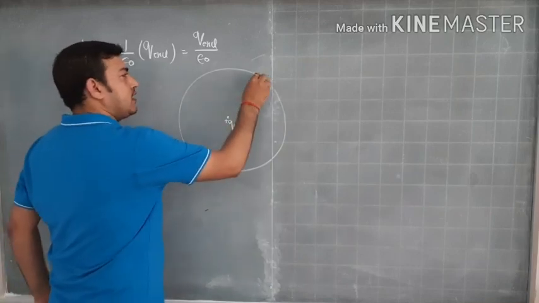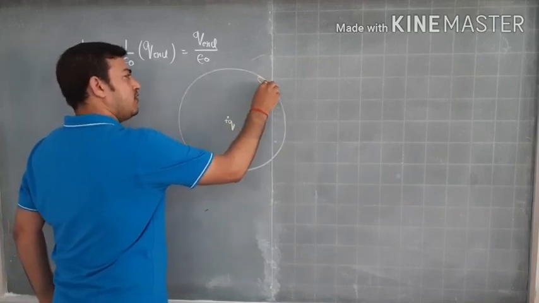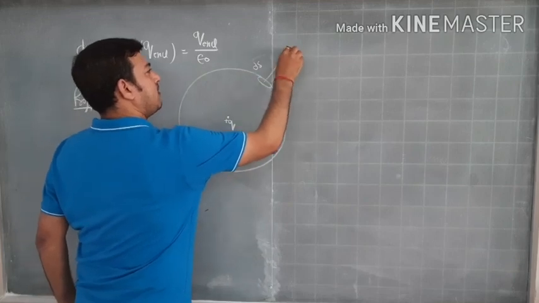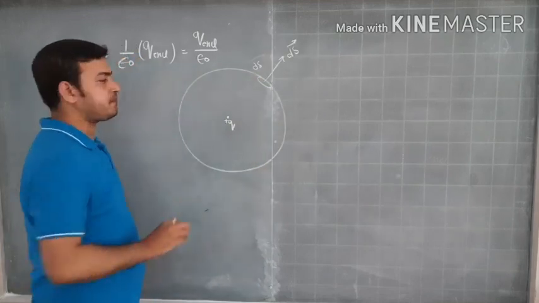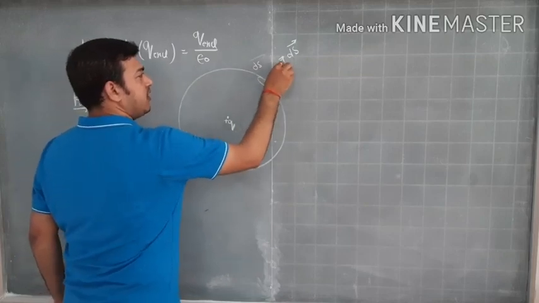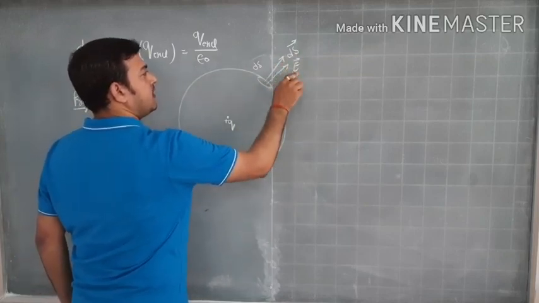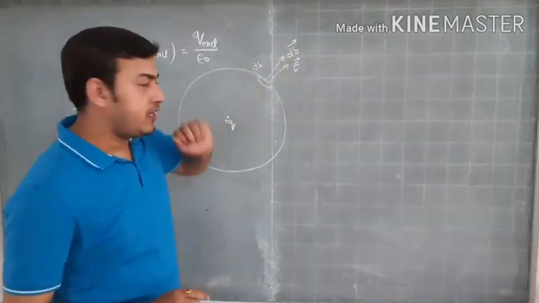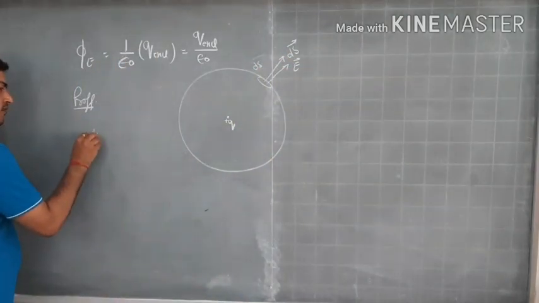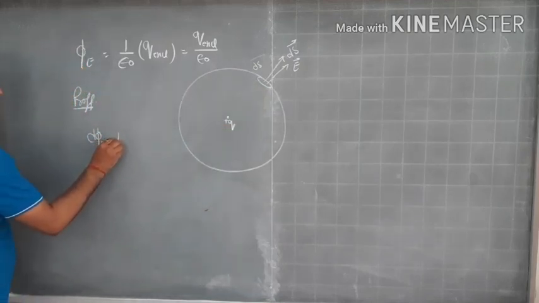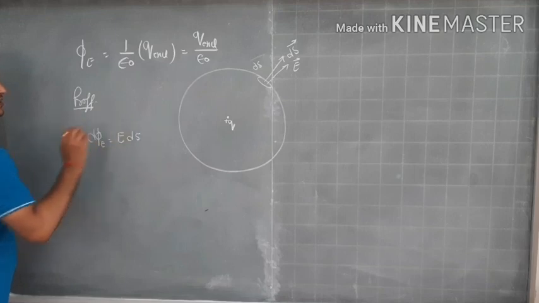So for that, consider there is a small portion over here. This area vector is always normal to the surface. Now, for positive charge, the field is always away from the charge, and here electric field and the area vector both are in the same direction. So the flux through this small area will be E ds.